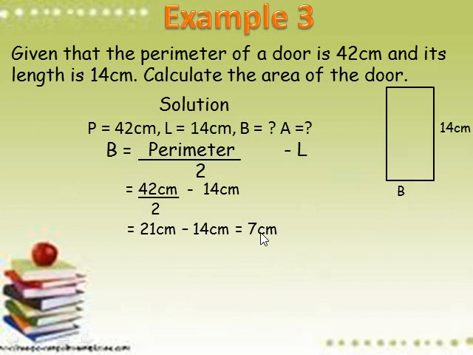Now we can find the area. What's the formula for area of a rectangle? It's what? Length times breadth, right? Okay. Which is 14 centimeters. This is the length. And the breadth is 7 centimeters, which you just found. So 14 times 7, what does that give us? 98 centimeters square.